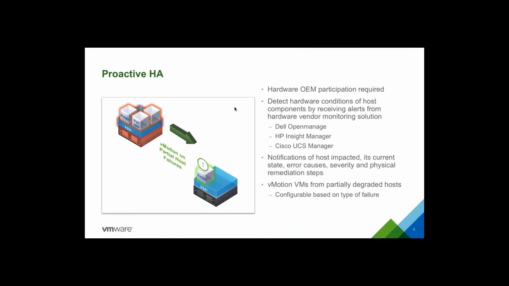We work with their hardware management platform monitoring system, and it's plugging into vCenter and notifying vCenter of any component failure, or an unhealthy component, within each individual ESXi host. For example, there could be a fan that is not spinning at the proper RPMs, or a network adapter that has failed for some reason.